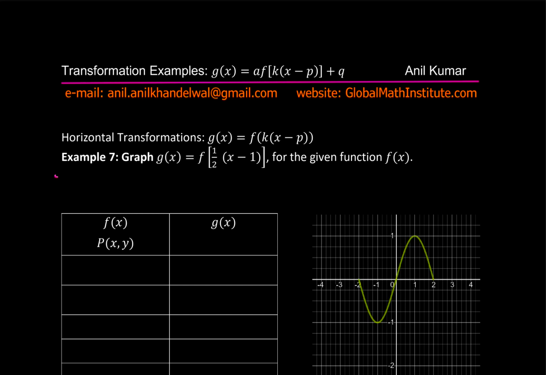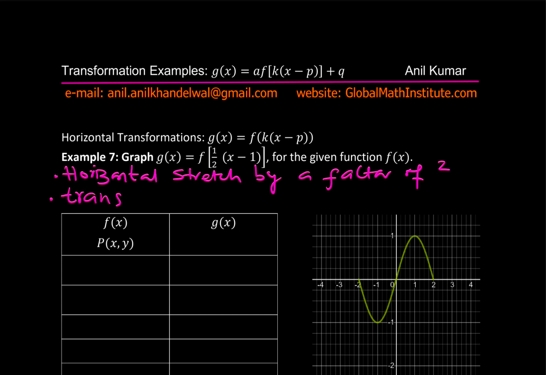For the first one, which I am going to write, is horizontal stretch by a factor of 2. So reciprocal, right? And the second one is translate 1 unit right. Is that clear to you? So these are the two transformations.